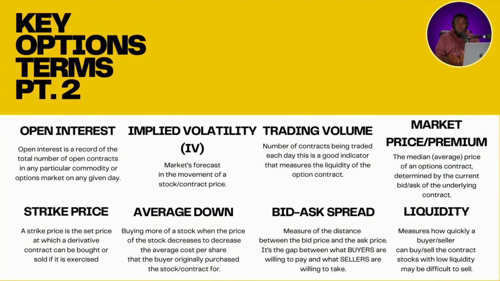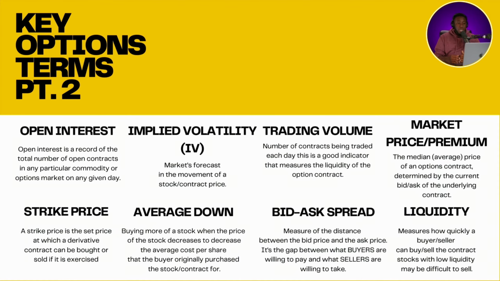Okay, that would be a call contract that you would be purchasing. Now the 155 which you're hoping the stock would go, that is what we would call a strike price.